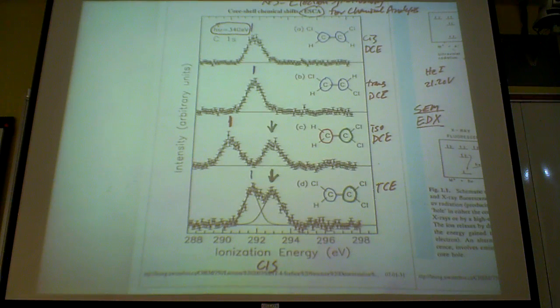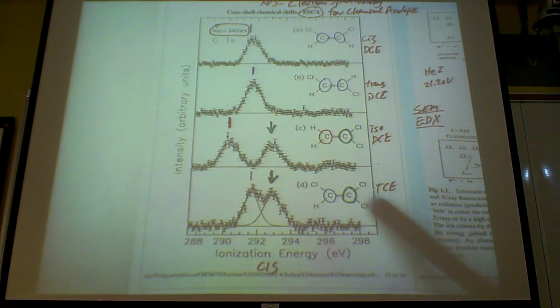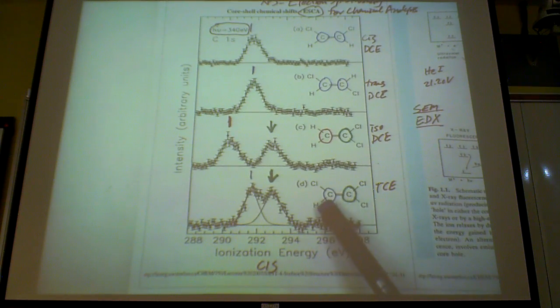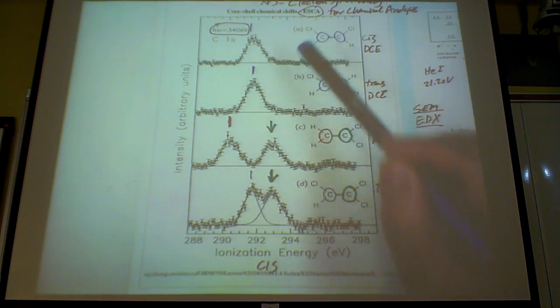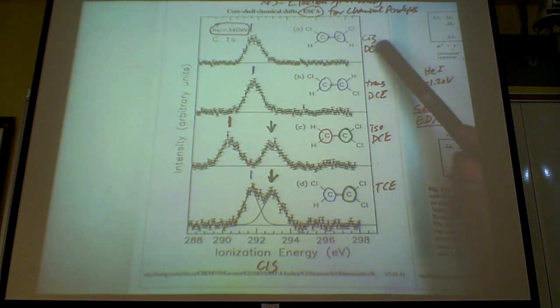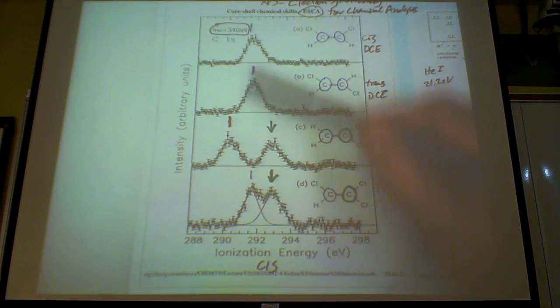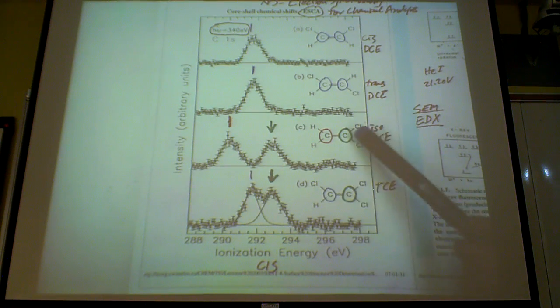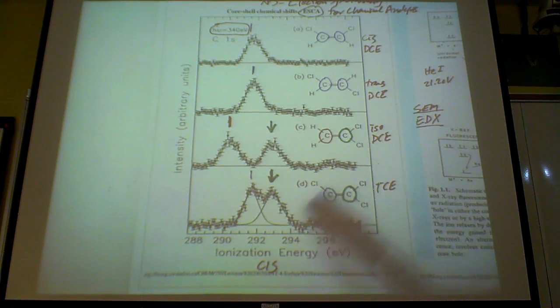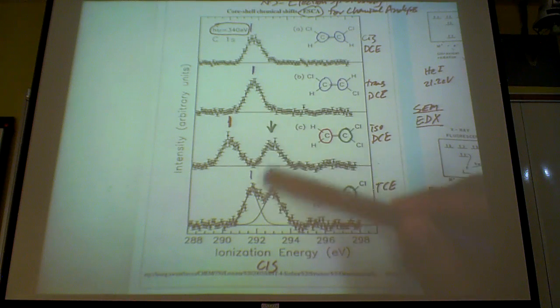And finally, just to prove the point, what happens if you have trichloroethylene? You look at this atom. It is surrounded by carbon, chlorine, and hydrogen, which is the same as in cis and trans, so it should occur in the same place. And it does, essentially the same thing. And this atom corresponds to chlorine, chlorine, carbon, as in iso, and should occur at the same energy as this.